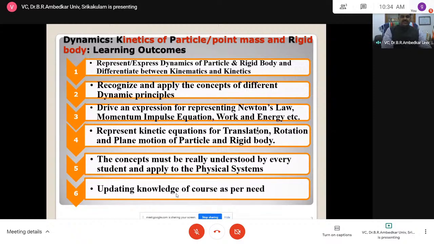If you understand the concept without any difficulty, you can extend it to any system. Because we are considering only a particle or one rigid body. But if you take a system, it consists of a number of rigid bodies. In that, rigid bodies are there, deformable bodies are there. If you take a duster, one part is made with wood and another part made with foam.